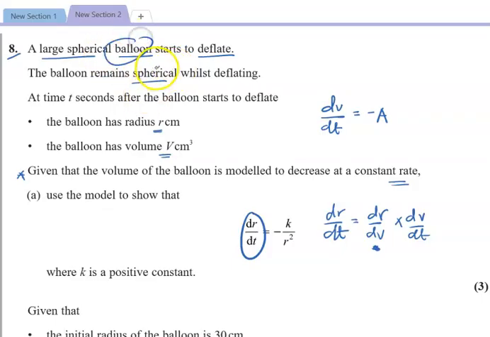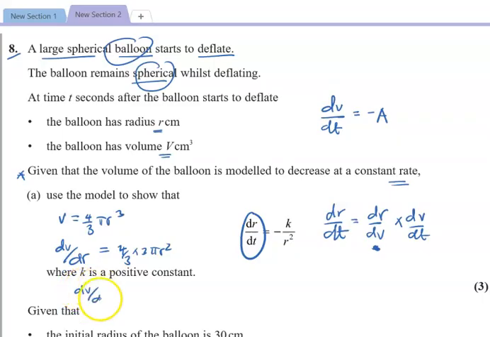The balloon is a sphere, so the volume is 4 over 3 pi r cubed. That means you can find dV/dr. The 3 comes down, so 4 over 3 multiplied by 3 pi r squared. So dV/dr is equal to 4 pi r squared.